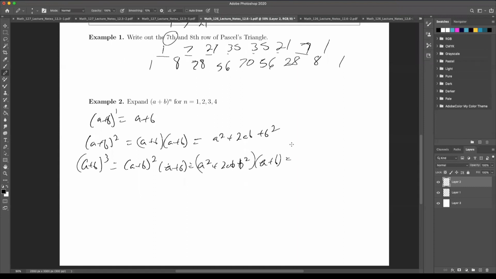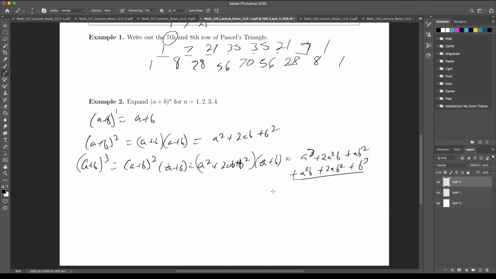That's going to give me, let's just do a, so we'll have a cubed plus 2a squared b plus ab squared, plus, and then here we're going to do the b part, a squared b plus 2ab squared plus b cubed.